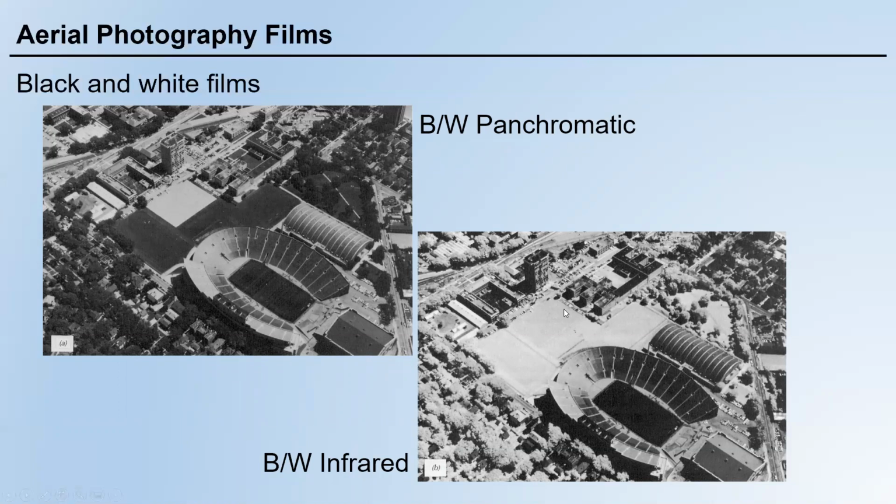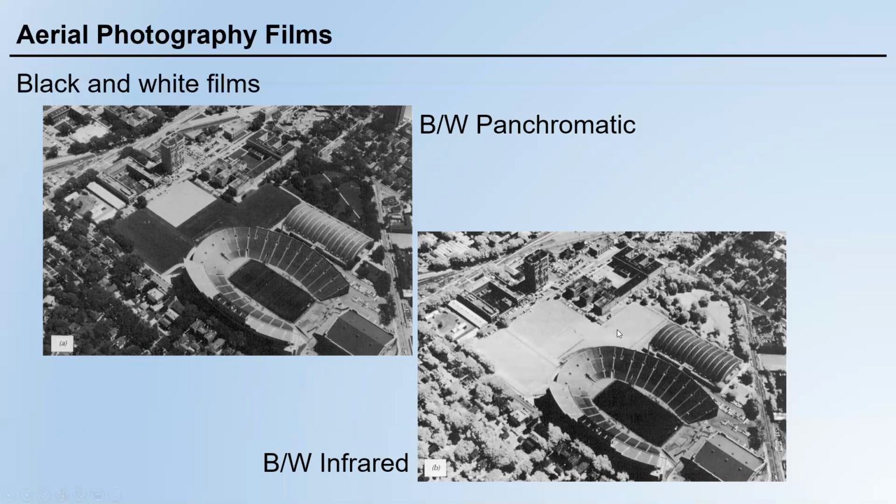But on the right side, it's the same area, but this image is showing you the reflectance of different land cover types in the near infrared range. It's very interesting that this parking lot is still bright, which means it is still reflecting a lot of near infrared energy. But can you see the difference? The lawn here is very bright. It's not dark anymore. What does it mean? It means that within the near infrared band, vegetation reflects a lot of energy.